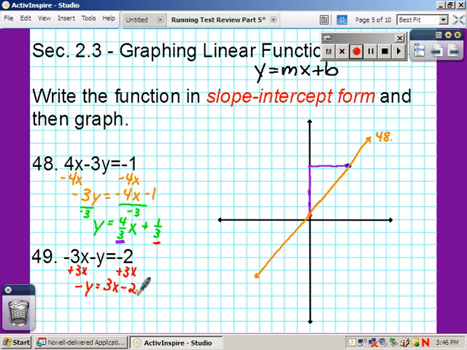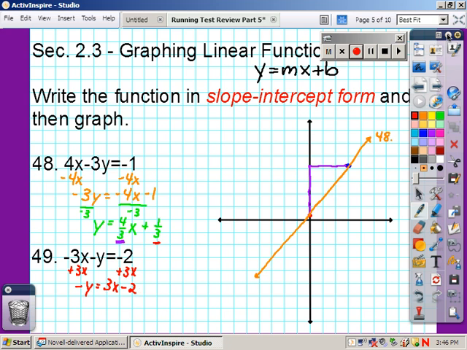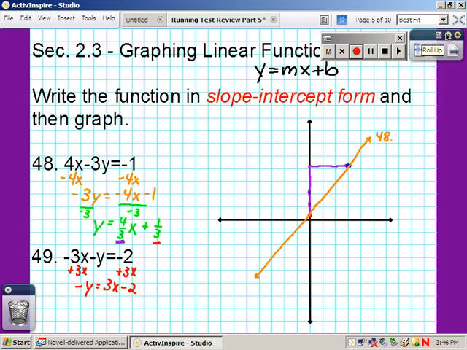So you can think of this last step here as dividing by a negative 1 if you want. Or basically, if you can remember that I don't want a negative y, I just want a y. But if I change that sign, I have to change the sign of everything here. So now negative 3x and positive 2.